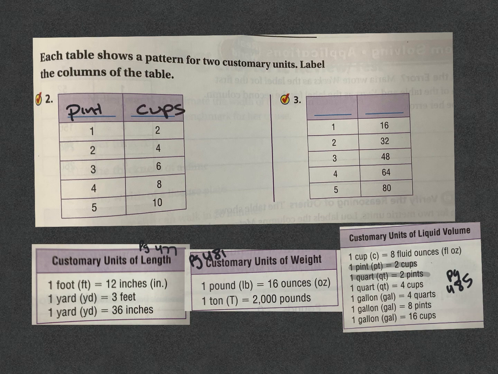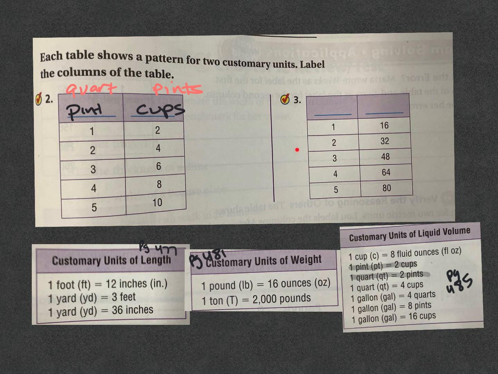So for every 1 pint, there are 2 cups. You could have used this one too, 1 quart to 2 pints. Oh, I should just not put 2 there. They just wanted the label. So it could have been 2 possible answers there, this one or this one.